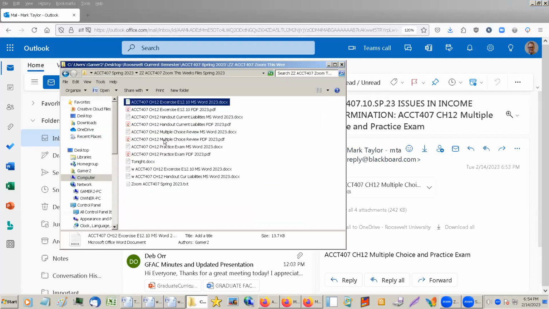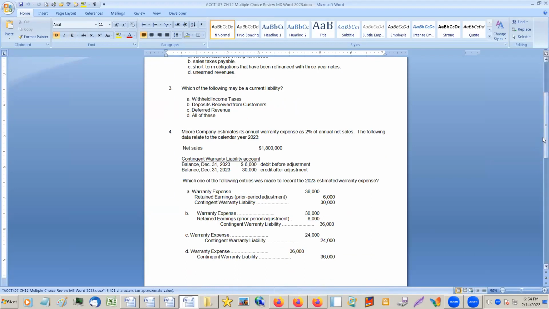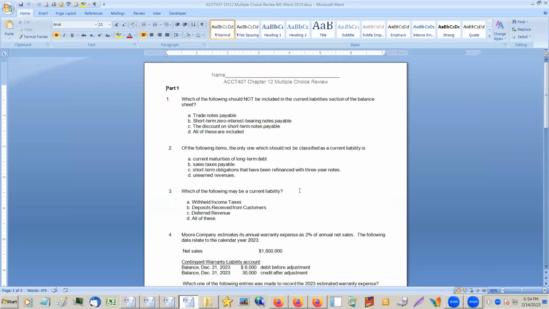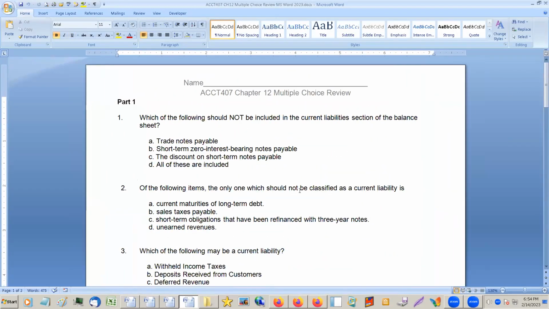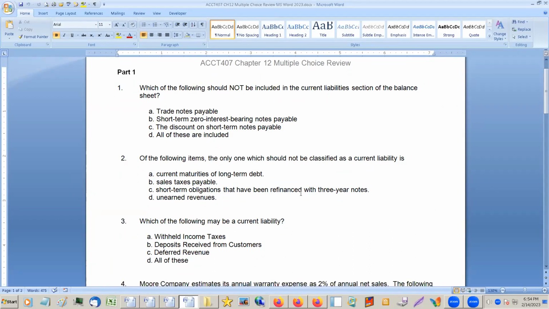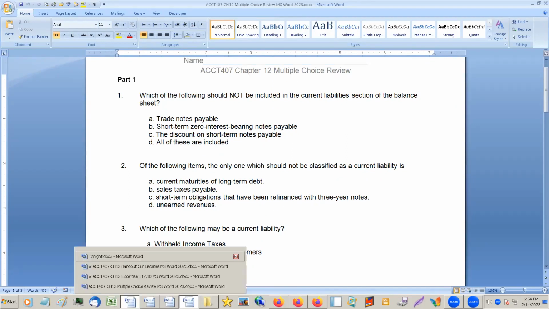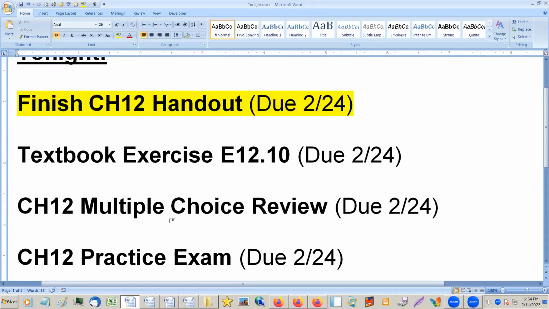The multiple choice review, chapter 22, we didn't do this. So this would be the first time we're going to do this multiple choice review, and this will allow you to get extra credit points.